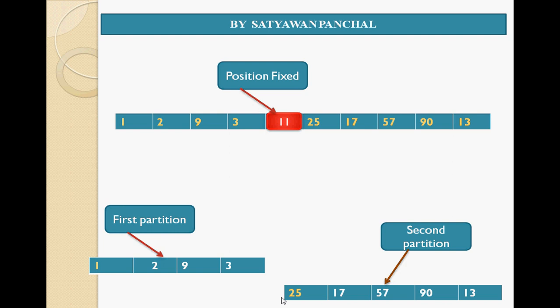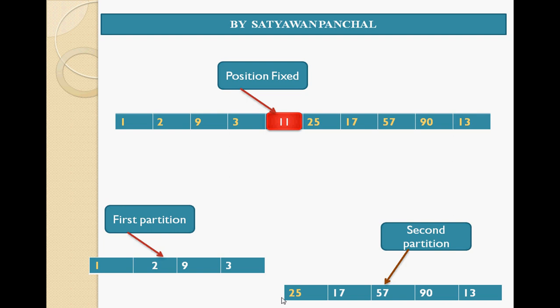And when we do further partitions, we will be finding new pivots, and we will keep on fixing the value of these pivots until my array size is left to be one element. Keep this in mind. This process is to be repeated.